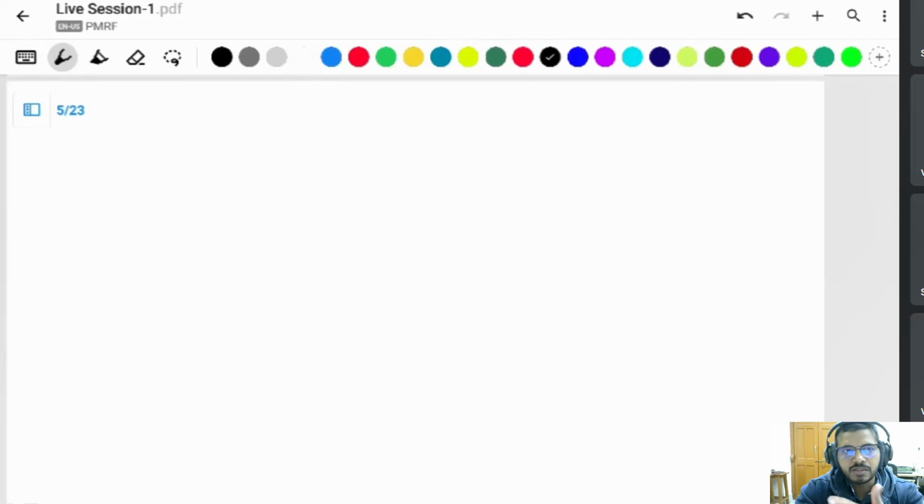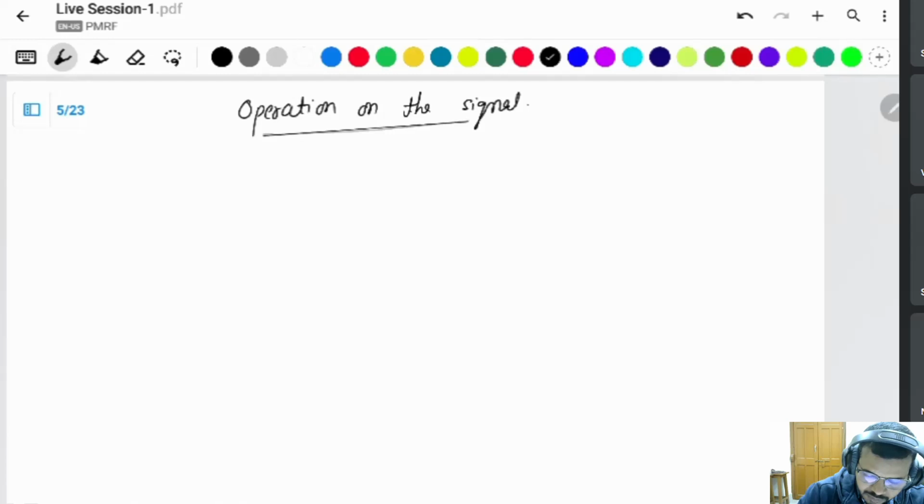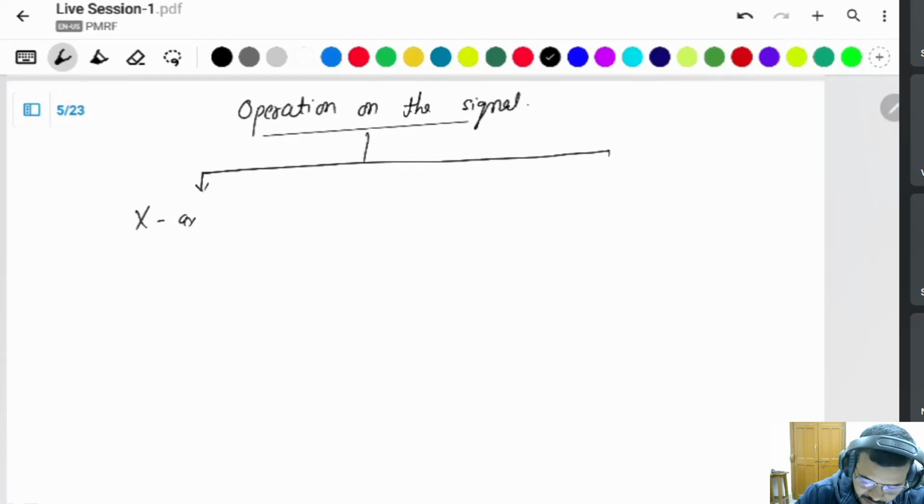There are many operations in signals and systems, like x-axis operation and y-axis operation. I want to discuss here this type of operation on the signal. Mainly these are two types: x-axis operation and y-axis operation.